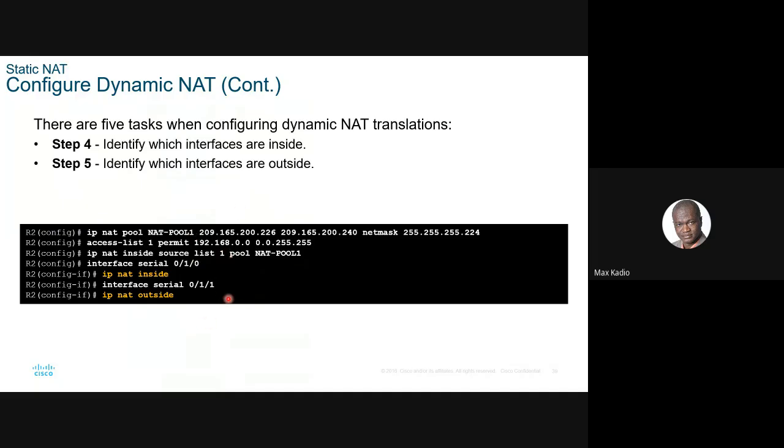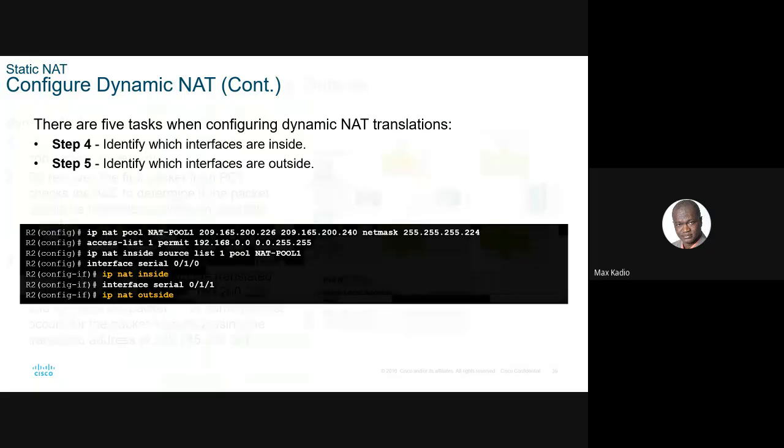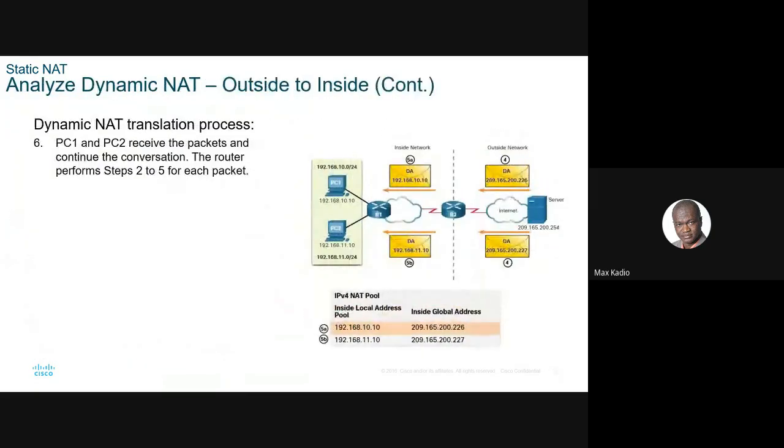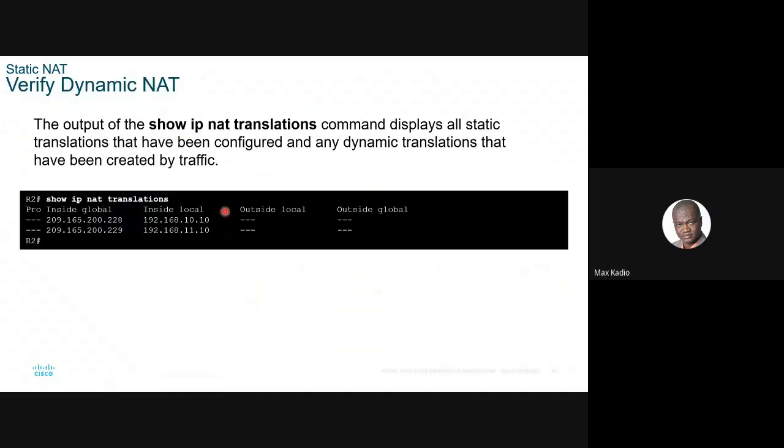When you're done, to verify the traffic, you type show IP NAT translations. Anything you see inside means it's my network, my company, my inside network. If you see local, it means it's a private IP. If you see global, it's a public IP. So you should know in NAT 4 things. What is an inside local IP? What is an inside global IP?